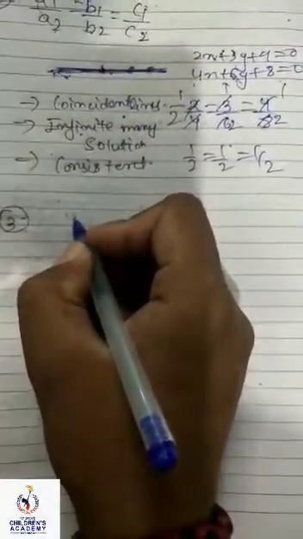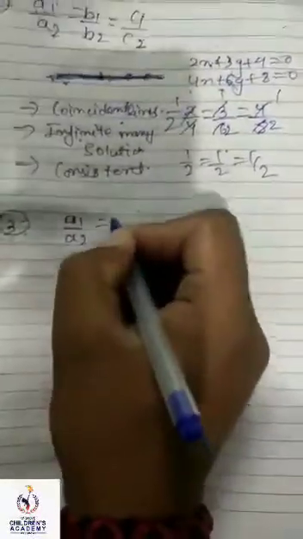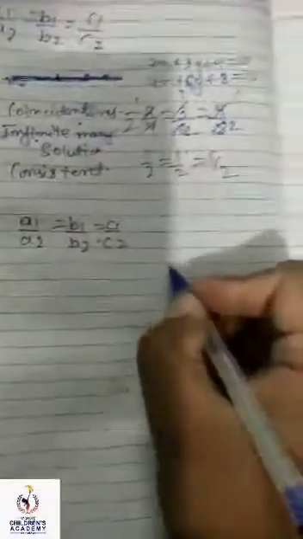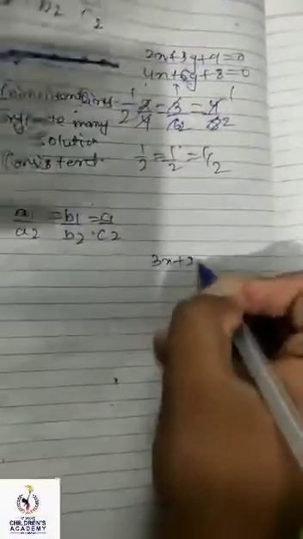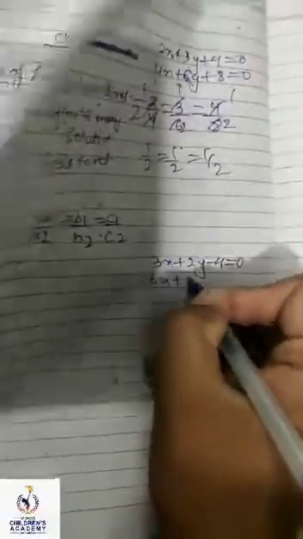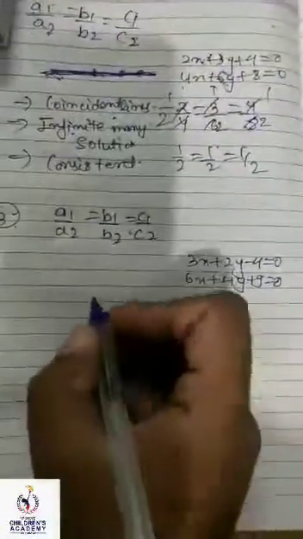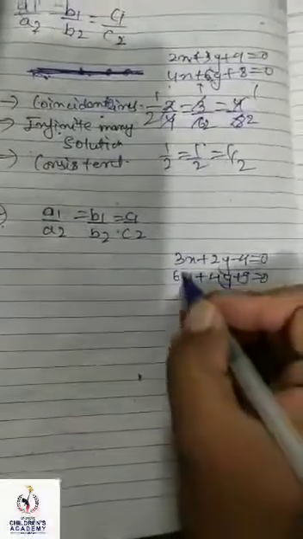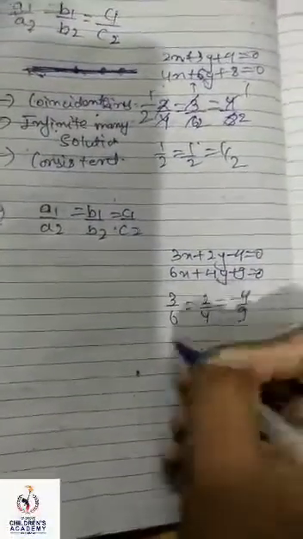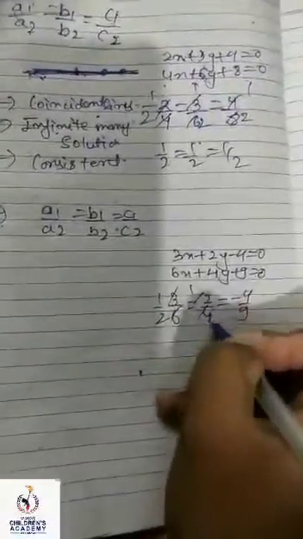The third type is a1 upon a2 is equal to b1 upon b2 is not equal to c1 upon c2. Let us take one example: 3x plus 2y minus 4 is equal to 0 and 6x plus 4y plus 9 is equal to 0. Now check: 3 by 6 is equal to 2 by 4 is not equal to minus 4 by 9. This will be 1 by 2, this will be 1 by 2, but this is different.